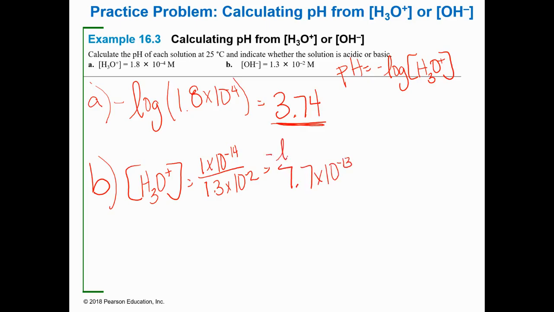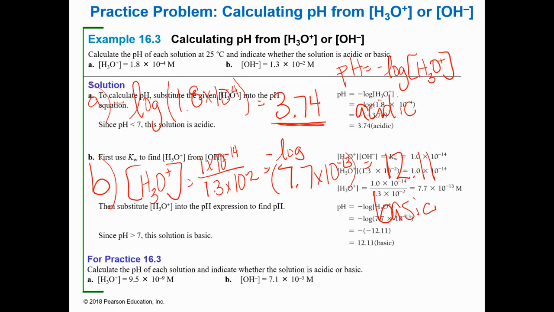So then I take the negative log of that. And I get 12.11. Okay, don't forget it also asked about, is it acidic or basic? Remember, less than 7 is acidic. Greater than 7 is basic.